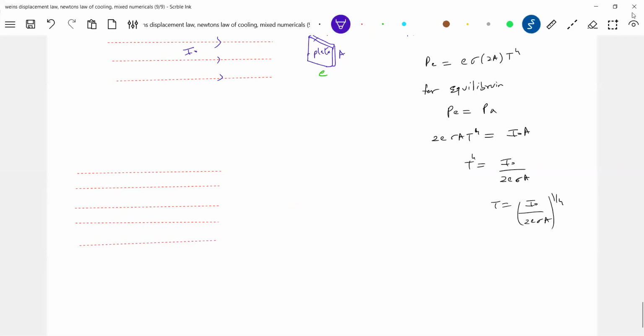Let there be a sphere of radius r, mass m, specific heat, emissivity. The intensity of the beam, let it be I naught. Calculate the temperature of the sphere at equilibrium. There's a ball, you can take it as a ball or sphere.